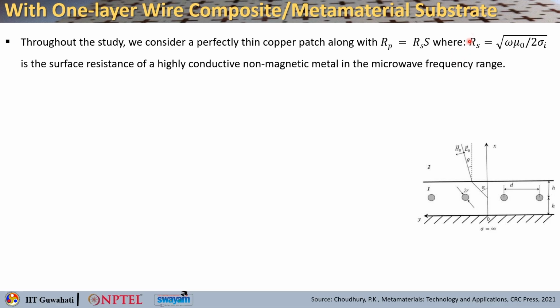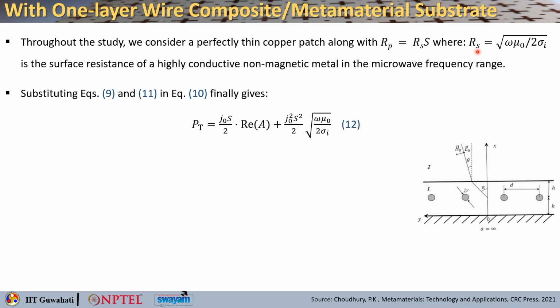So, you can take Rs to be equal to square root of omega mu naught divided by 2 sigma. So, Rs will be nothing but your sheet resistance or surface resistance. Okay, you can say this is the surface resistance of a highly conductive non-magnetic metal in the microwave frequency range.